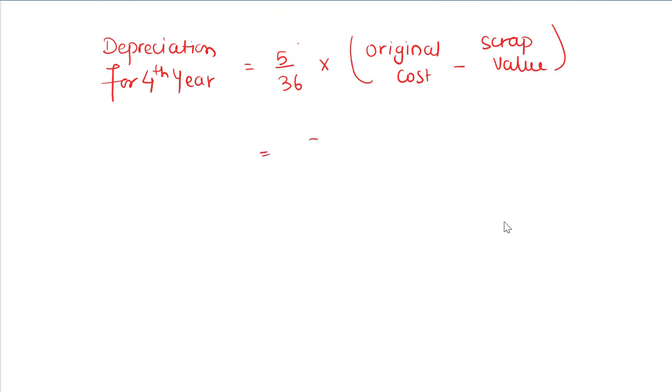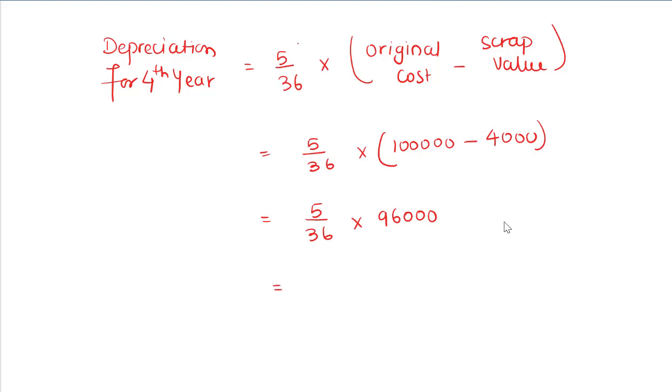So 5 by 36 multiplied by original cost 1 lakh minus scrap value 4,000 equals 5 by 36 multiplied by 96,000.